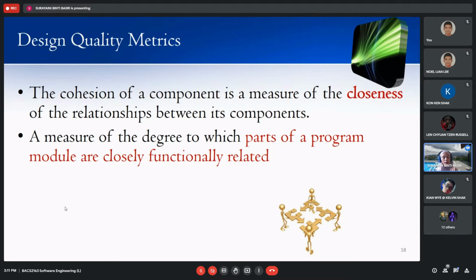So there are two modules required for the course registration subsystem, which are student and course. So it means that the cohesion in the course registration subsystem is close, meaning the cohesion is good, because we have grouped two modules that are dependent or related to each other, the relevant modules that should be working together inside one subsystem.